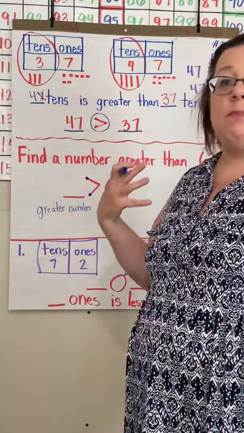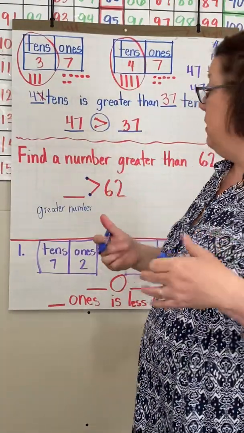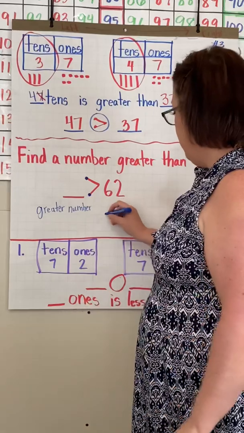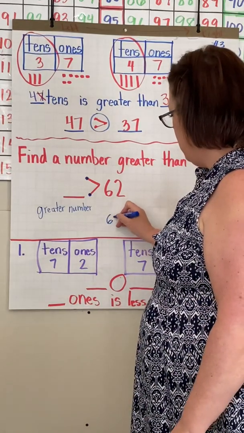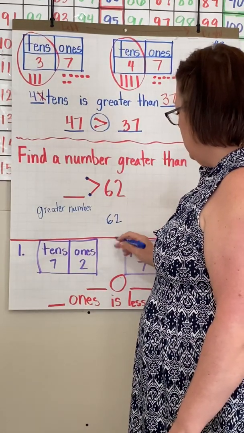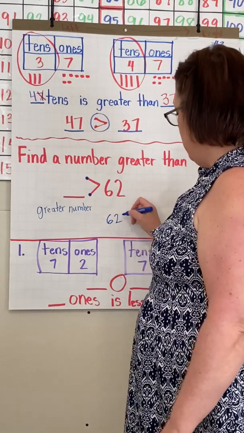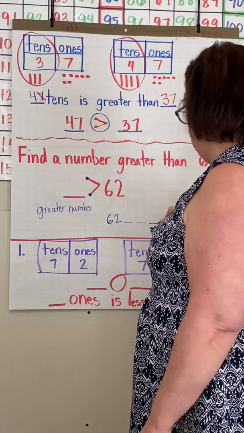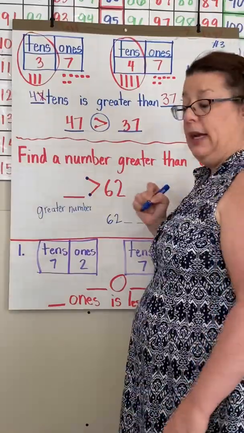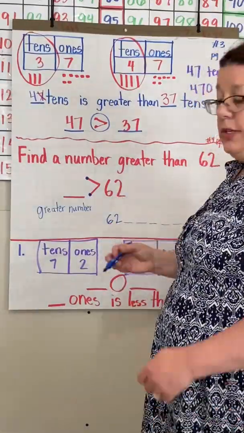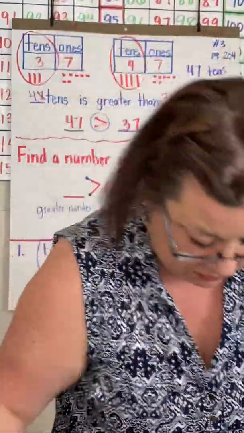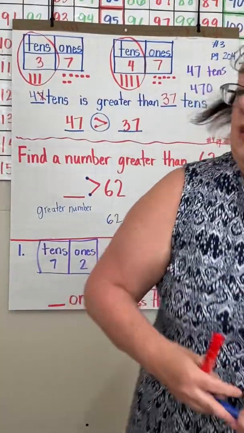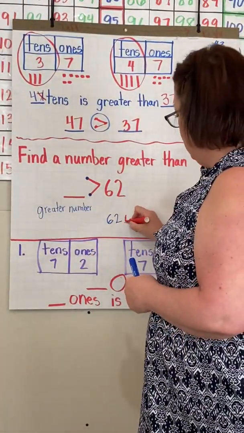So I can think of my numbers on a number line, right? If I have numbers on a number line, I have the number 62. So 62, what comes after 62? 63.